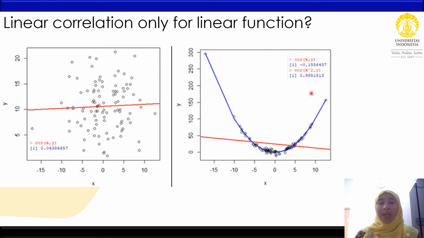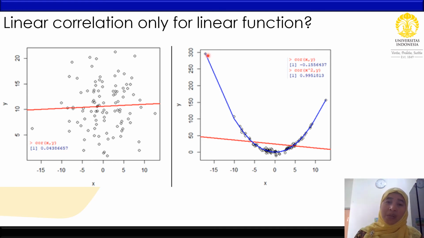Let's say that we calculate the correlation between x squared and y. Why do we put the x squared? Because from our mathematical background, we know that this is a quadratic, so we need to incorporate a quadratic term. That's why if we calculate the linear correlation between x squared and y, then we will have 0.995 1013, which is a really strong correlation.